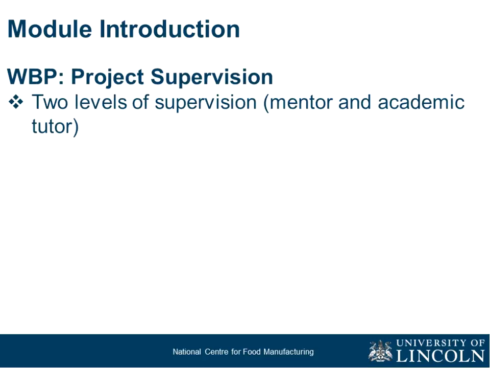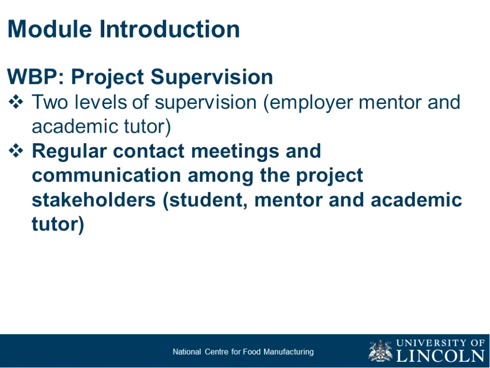And then again, I need to talk more about project supervision. There are 2 levels of supervision, like I said earlier, mentor and academic tutor. During the project, you will need to have regular contact meetings and communication between you and your supervisor and your mentor. We want regular contact meetings where you let them know what's going on, where you are now.